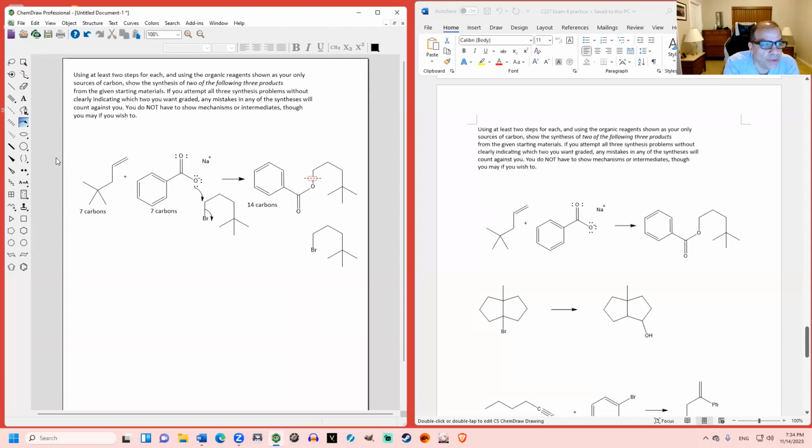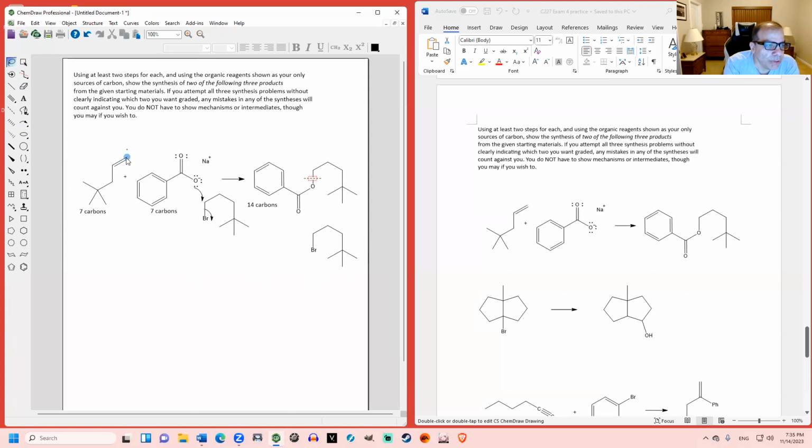So now all we need to do is figure out how to make this bromide from this alkene. So let's compare these two structures. You have a tert-butyl group, then 3 CH2s, 1, 2, 3. Here you have a tert-butyl group, then 1 CH2, followed by an alkene.